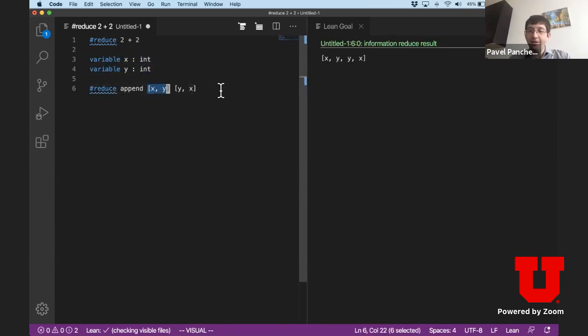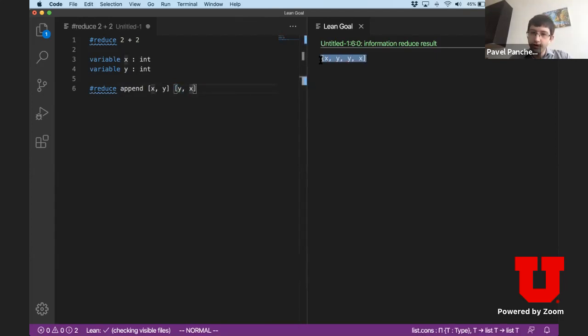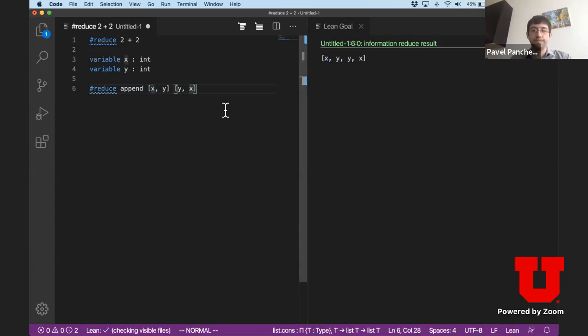But we have concretely given it the structure of the list itself. Lean knows that this is a list of 2 elements, x, y. So because Lean knows the structure of these 2 lists, it knows how to append the 2 values together, even though x and y themselves are unknown.